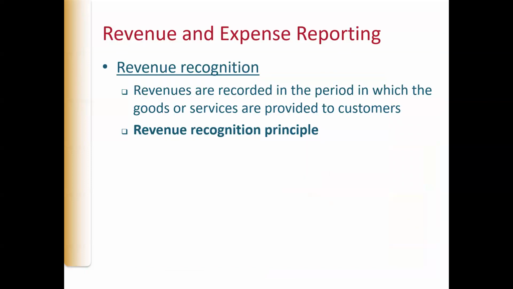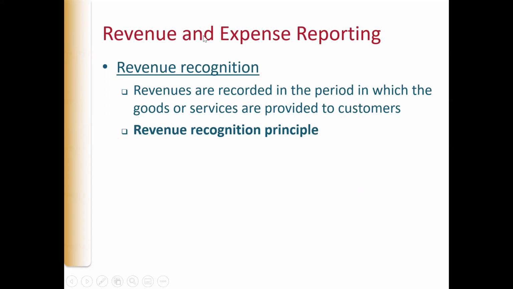We know in accounting, we show revenues, not necessarily when we get the cash, but when we earn it, when we provide the service or provide the product to the customer or the client.